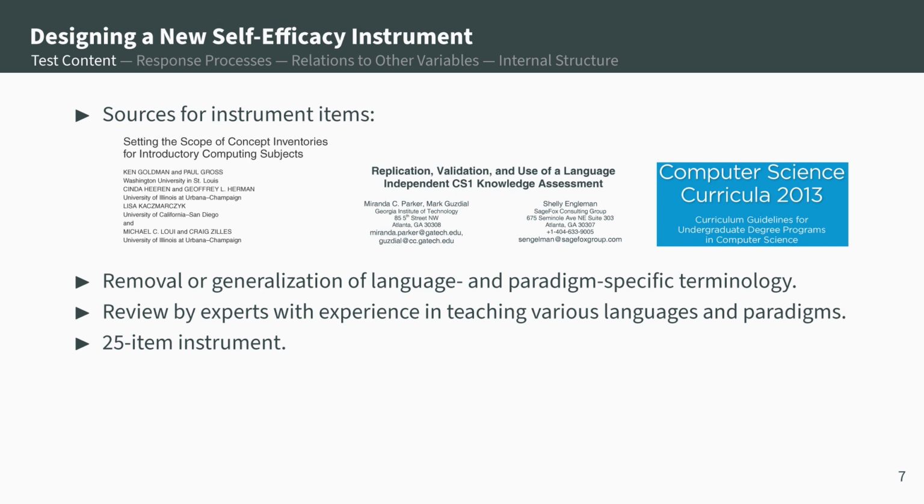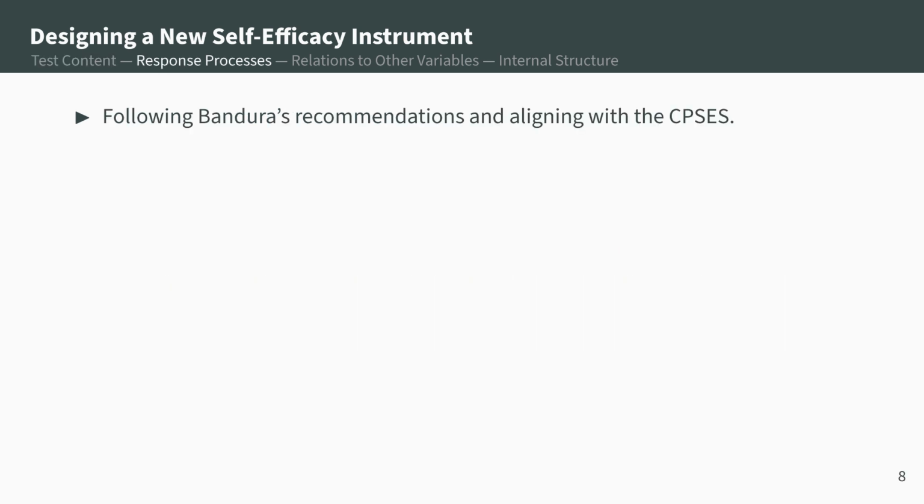After removing language and paradigm-specific aspects, the initial item set was reviewed by experts experienced in teaching CS1 with various languages and paradigms, resulting in 25 items for the final instrument. Since the instrument design is therefore based on previous work, curricular standards, and expert judgment, the content of our instrument contributes evidence of validity. Next, we discuss the response processes.